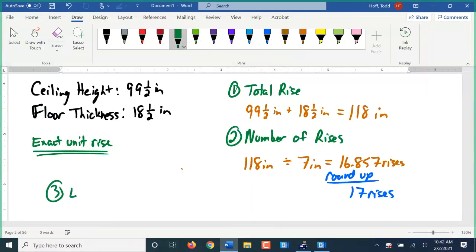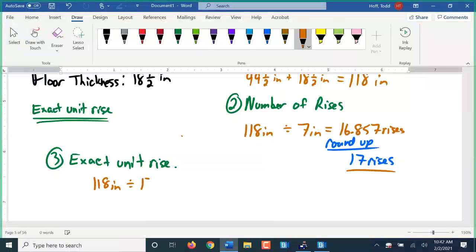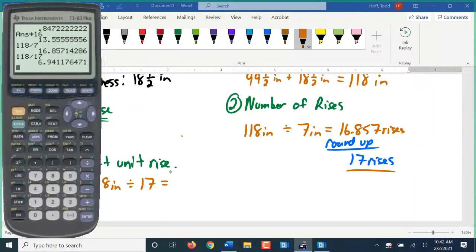Next, we're going to find the exact unit rise. We're going to do that by taking our total rise, the 118 inches, divided by our number of rises of 17. 118 divided by 17 is 6.941.